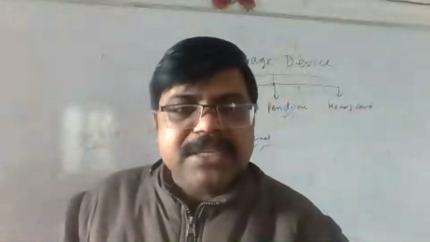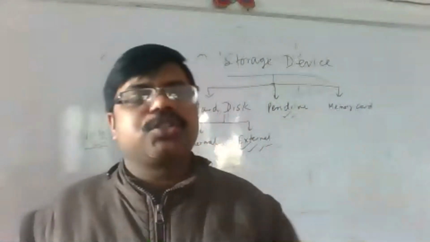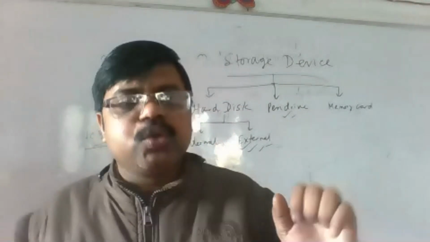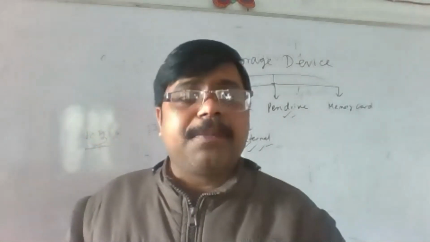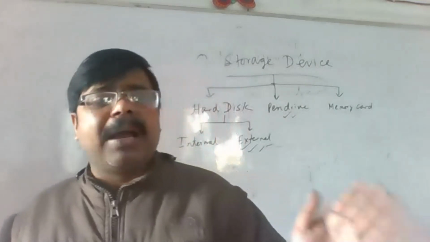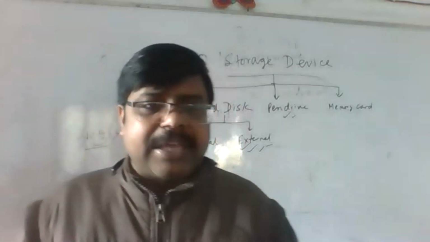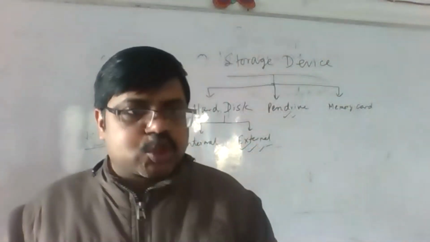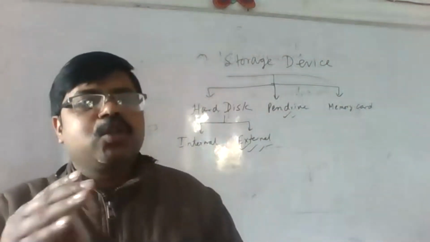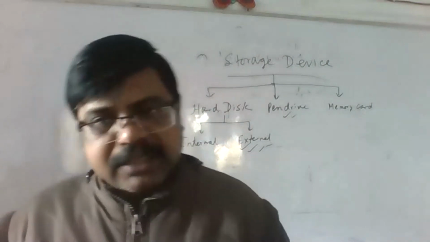You have 16 GB, you have 32 GB, you have 64 GB. So first of all, you have to decide while purchasing. If I have to carry a bulk amount of data, then you go for high storage capacity, so that you can easily transfer your data from one PC to another PC.